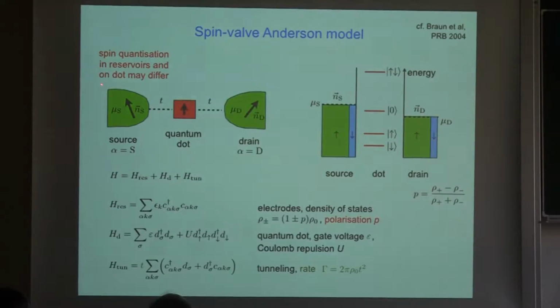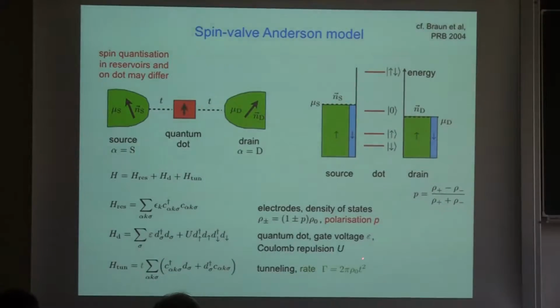What is important though is that the polarizations or the magnetization in the source and in the drain lead, they can point in arbitrary directions, and also the spin quantization on the quantum dot can also be in the 3rd direction. So in principle you have here 3 vectors in the game, this NS, the magnetization in the source, the magnetization in the drain, and the quantization on your quantum dot.